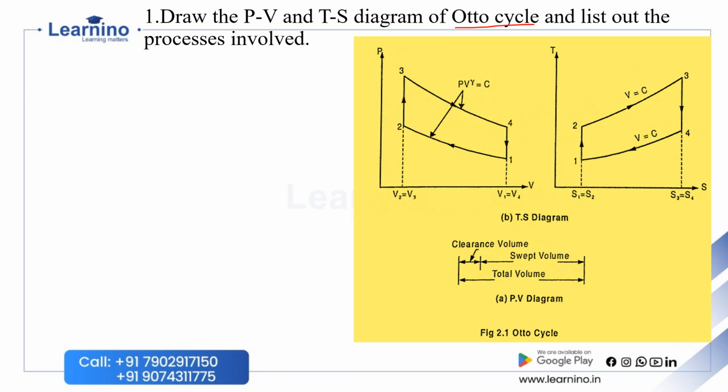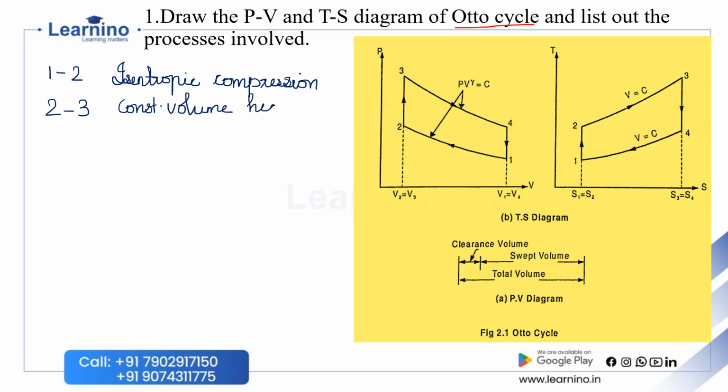We need to list out the processes involved. The 1-2 process is isentropic compression. The process 2-3 is constant volume heat addition.